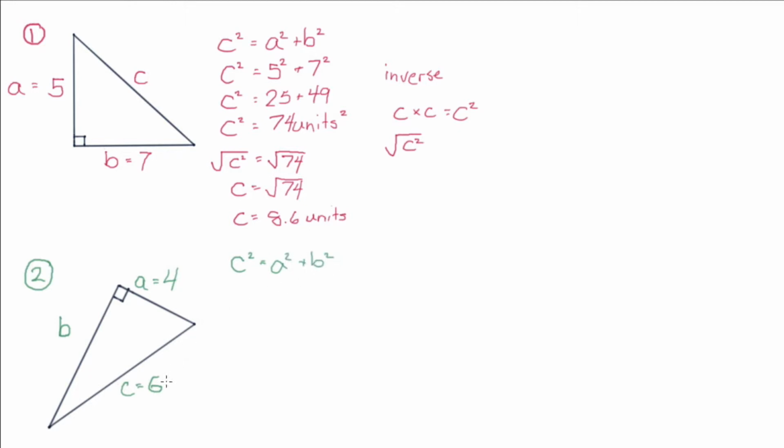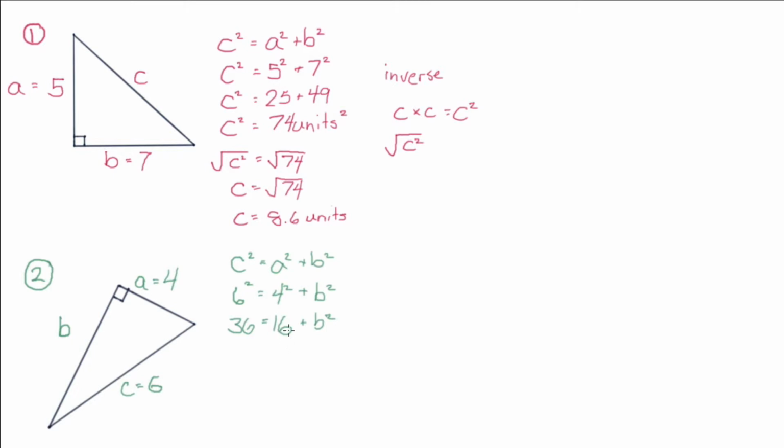We can substitute our known values in for our variables. So C is equal to 6, so 6 squared is equal to 4 squared for A plus our unknown length B, or B squared. Continuing, 6 squared is 36, equal to 4 squared is 16 plus B squared.